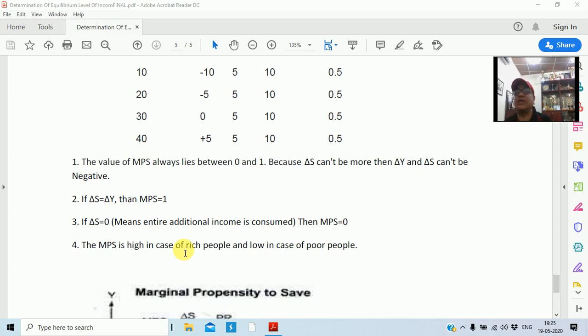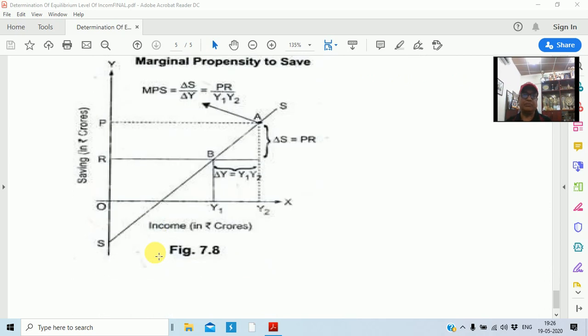Why? Because they save less of the increased income. Maximum they convert into consumption. Whereas rich people save a big portion of their increased income, and that's why their MPS is high. Now the explanation with the help of a diagram.